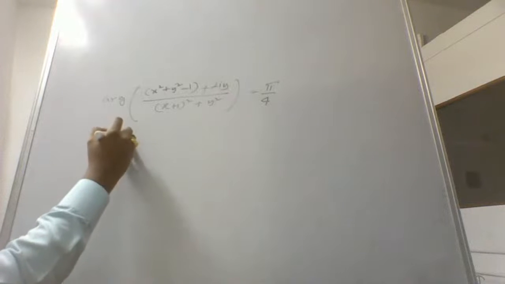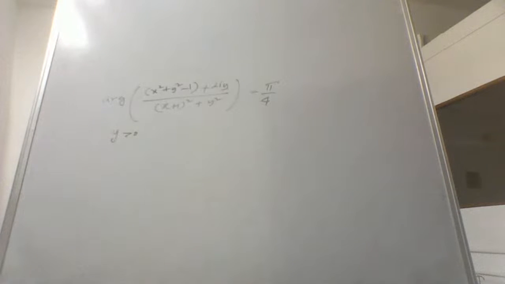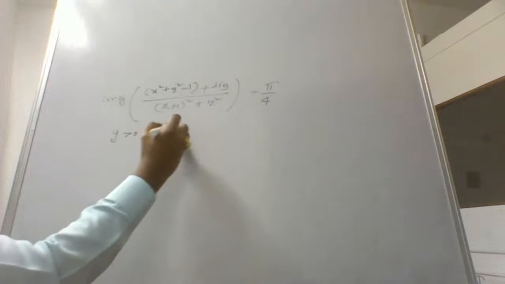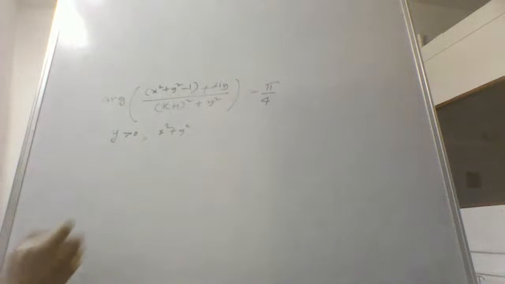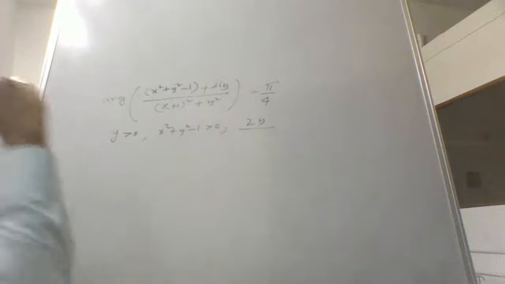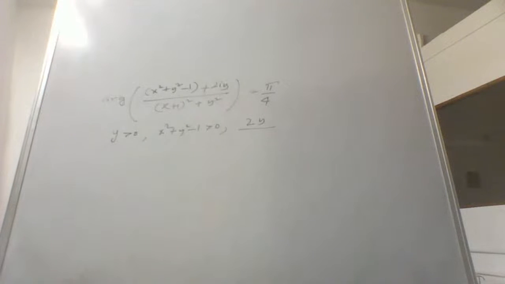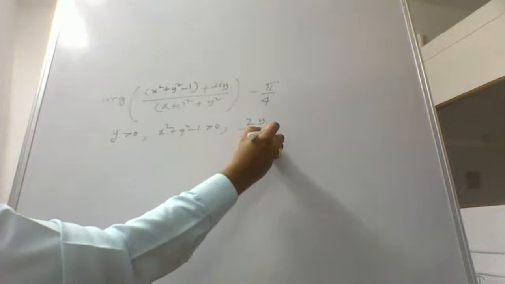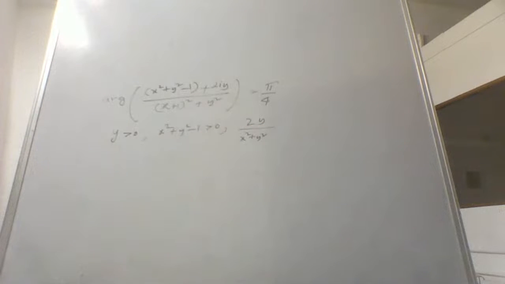Now y is greater than 0 and x square plus y square minus 1 is also greater than 0, and you have 2y by (x square plus y square minus 1), which is equal to 1.